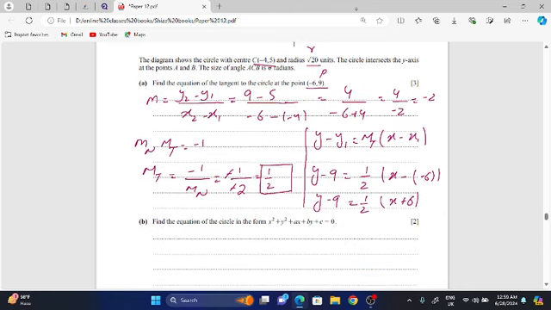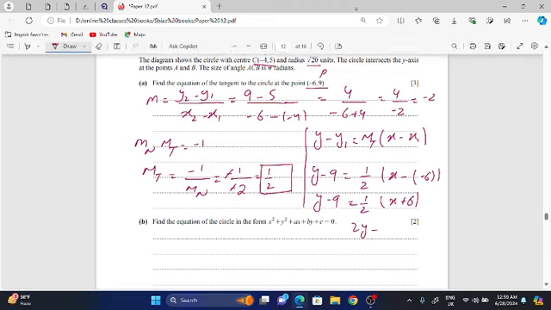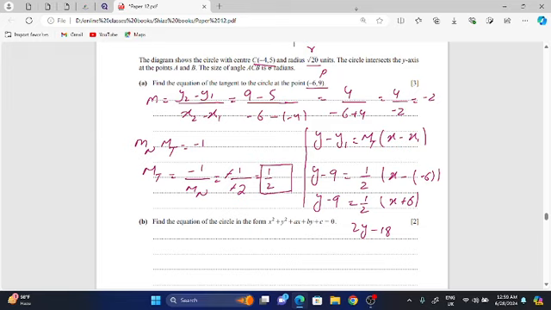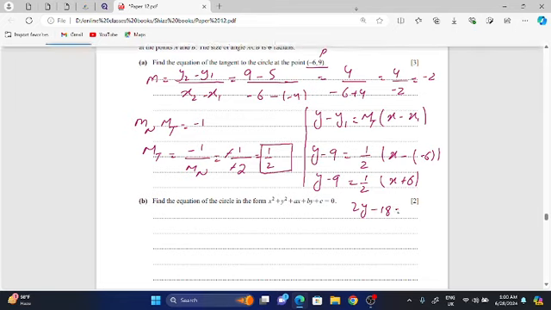The final form becomes 2y minus 18, because I multiply by 2 onto the other side. If you want to multiply by 2, you can; if you just retain it as it is, that's your choice. So 2y minus 18 equals x plus 6.